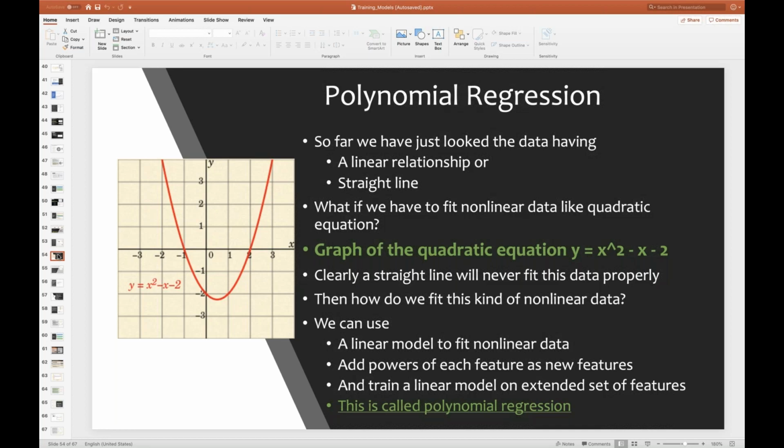Now, for example, if I have features called A, B, and C, and if A not equal to 0, or if A equal to 0, will the equation be linear or will the equation not be quadratic?